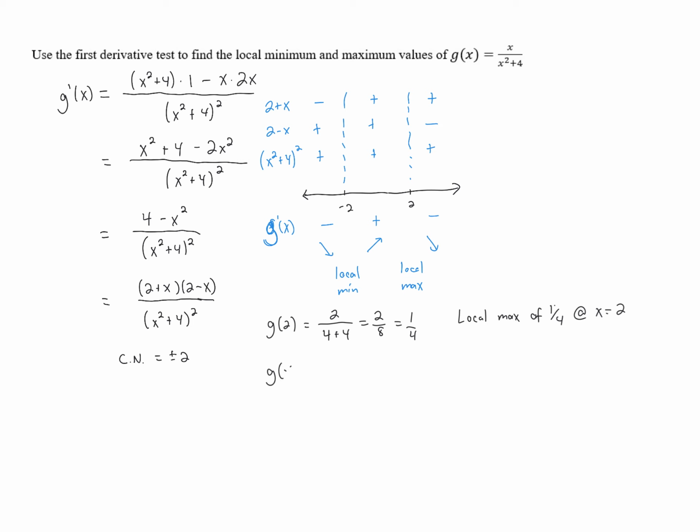And if we were to evaluate this at -2, the numerator becomes -2, and the denominator is still 4 plus 4. So this is going to be -1/4. So we have a local min of -1/4 at x equals -2.